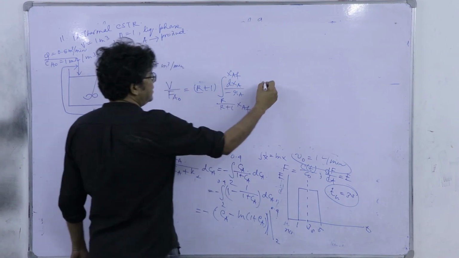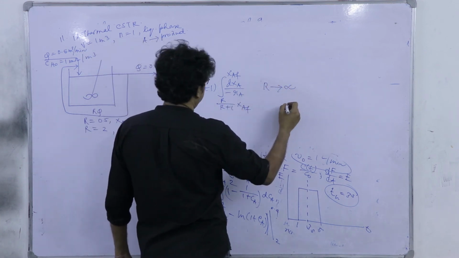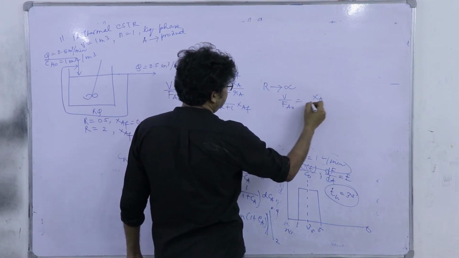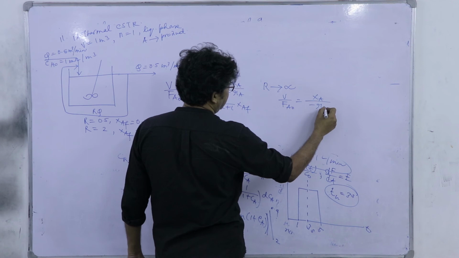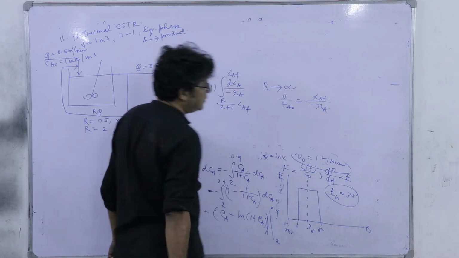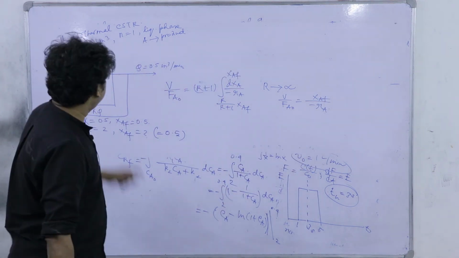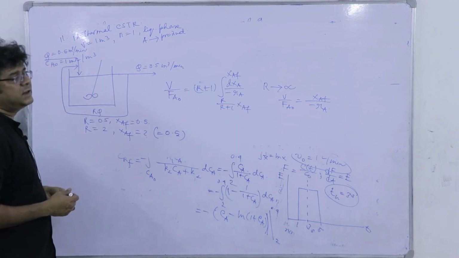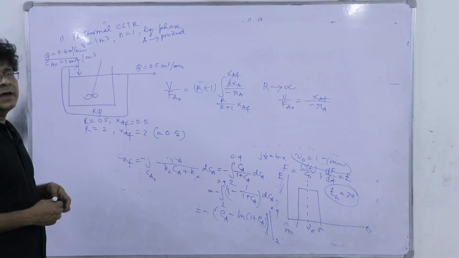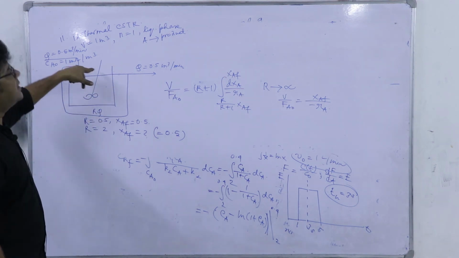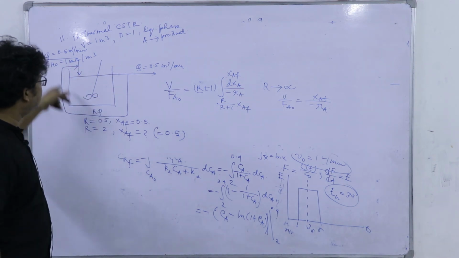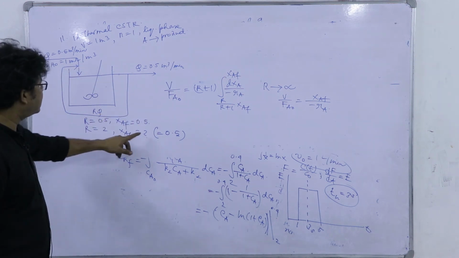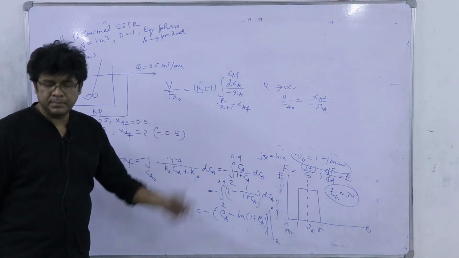If I set R tending to infinity, we get V by Fa naught is equal to XAF divided by minus RA. So, it is an MFR. So, an MFR is a reactor with internal infinite recycle ratio. If I am adding an external recycling stream, there will be no change in this conversion. So, conversion remains the same. Okay.